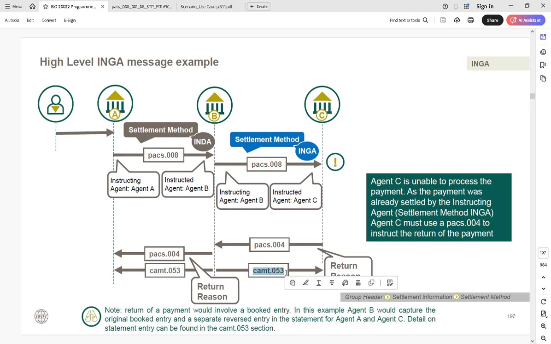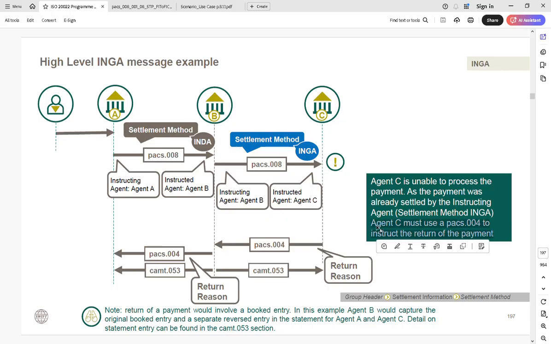Why are we rejecting the payment? The agent is unable to process the payment as the payment has already been settled by the instructing agent. So this instructing agent has already settled the payment, in this case by method INGA. So that's why the agent must use a PACS004 to instruct the return of the payment.